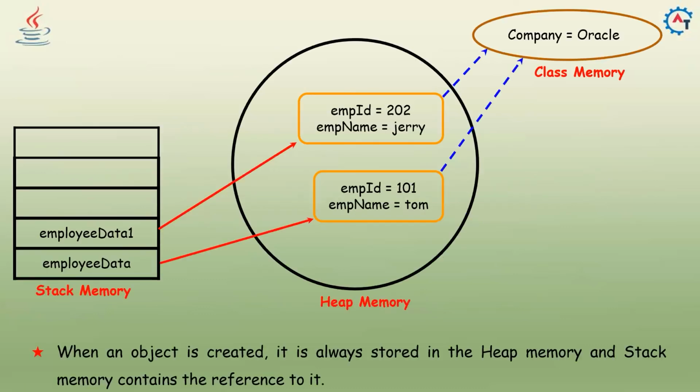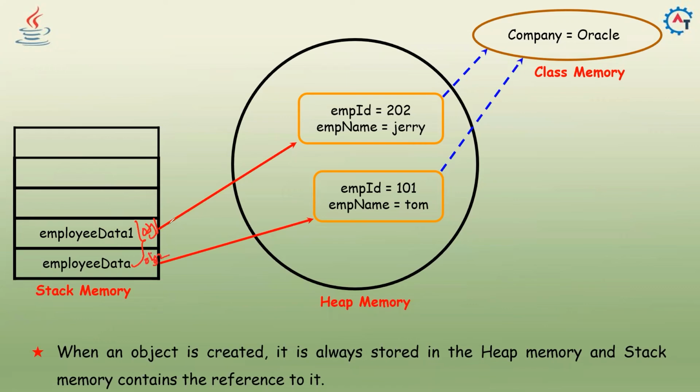So, a simple diagram here. I have a stack memory. Inside the stack memory, I created two objects. These are employee objects, just an example. This is obj1, object 1. This is obj2, object 2.